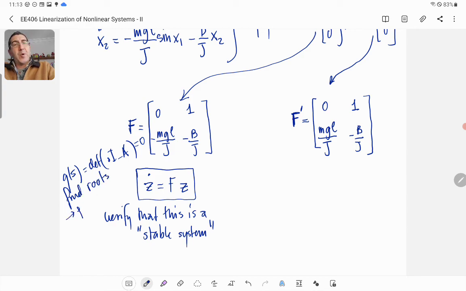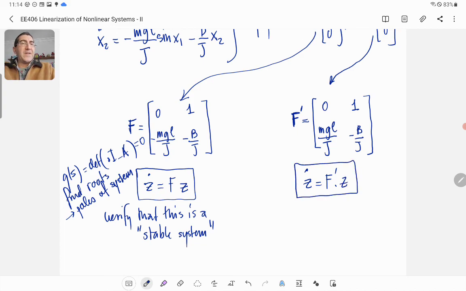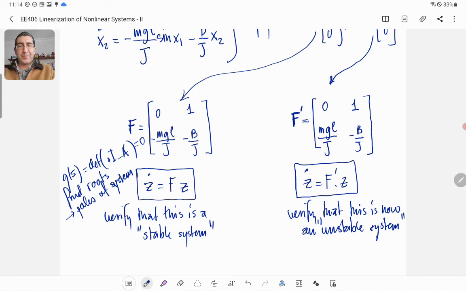The roots will be the poles of the system, and whether these poles are on the left hand side or right hand side determines the stability of the system. This second system with the f prime is a different linear system, and in fact verify that this is an unstable system by the same argument.